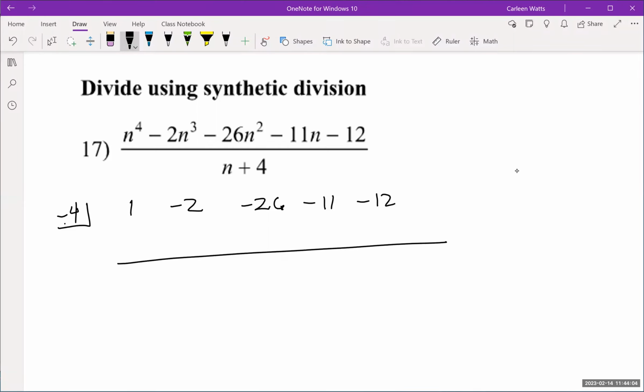Anyone remember my first step? What do I do with the 1? Bring down. What do I do with the -4 and the 1? Multiply.